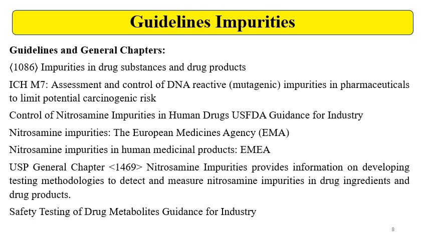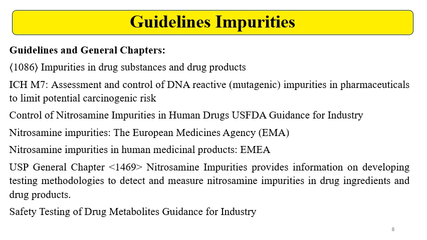Control of nitrosamine impurities in human drugs, a USFDA guidance for industry, is there for the nitrosamine type of impurities. Then the European Medicines Agency has some guidelines for nitrosamine impurities. Then USP General Chapter 1469 deals with nitrosamine impurities.